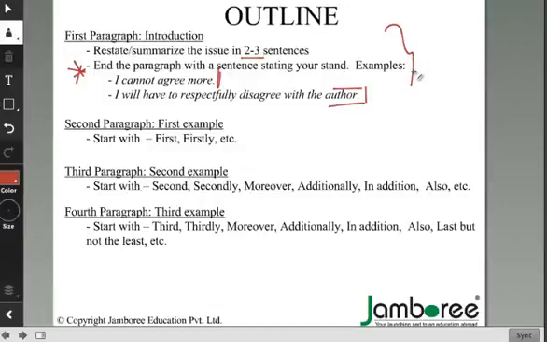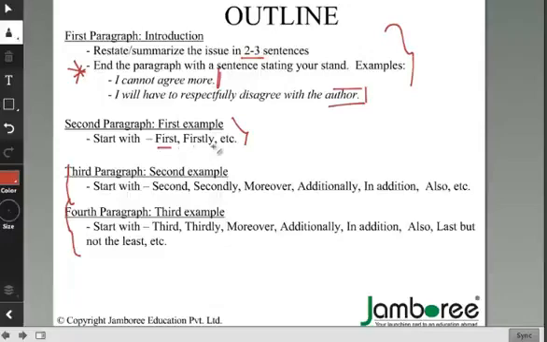So this is the first paragraph. Then you start the second with the first point and the first example, then the second point and the second example, third point and the third example. There should be a smooth transition at the beginning of each paragraph. In the second paragraph, where you write your first point, you can start with firstly.